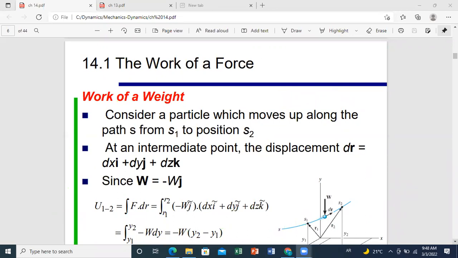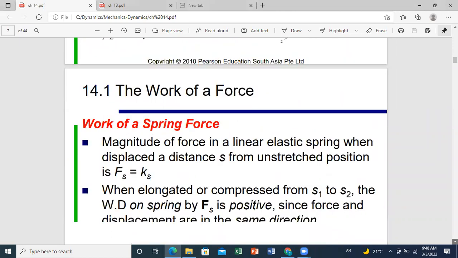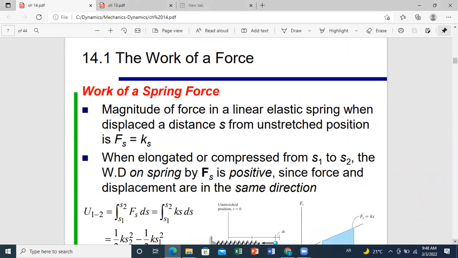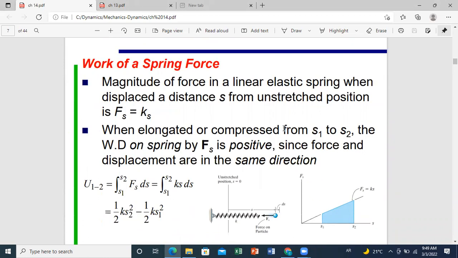Fine. Now, another force of interest that is widely encountered is... The y-axis should be specified from the beginning. It can be positive up, it can be positive down.